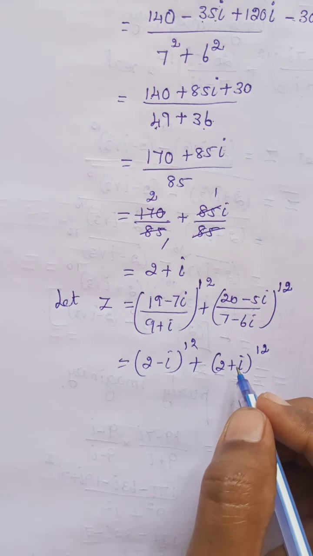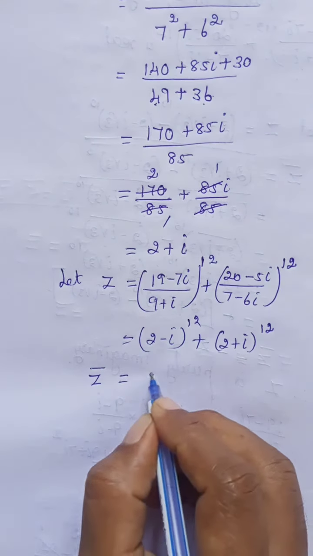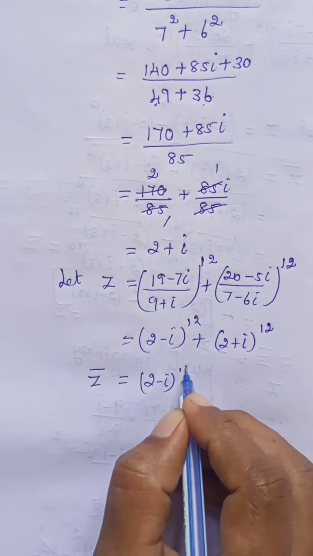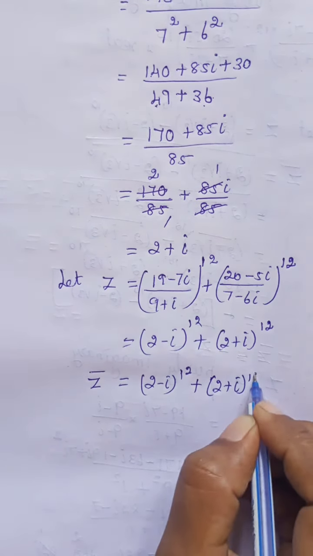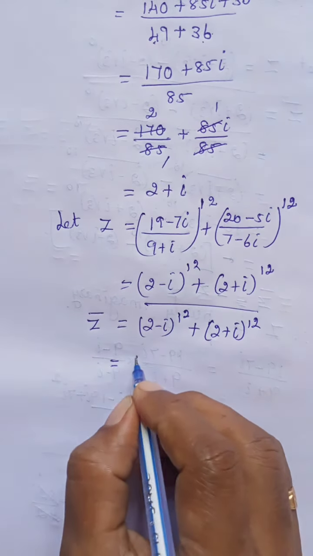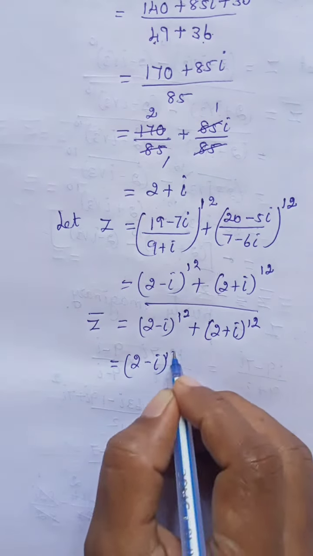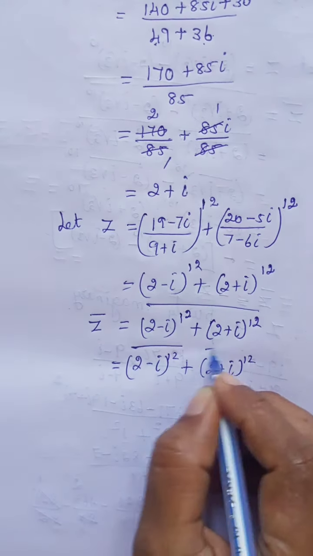Now we have to prove that Z bar is equal to Z. So shall we find Z bar? That is 2 minus i the whole power 12 plus 2 plus i the whole power 12, the whole bar. Now we can separate it: 2 minus i power 12 bar plus 2 plus i power 12 bar.